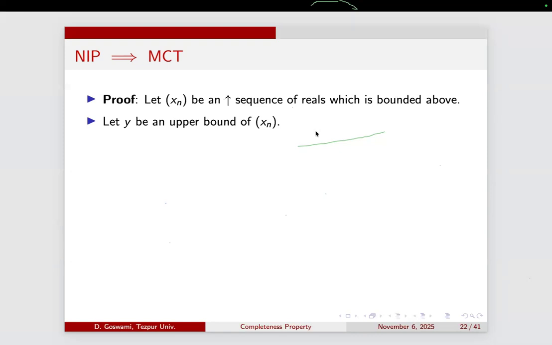So each time I will have an element of x_n and an upper bound. So I'll construct I_1 from x_1 and y_1, where x_1 is the first element. It's actually a lower bound, but anyway, x_1 is the first element, and y_1 is any upper bound.